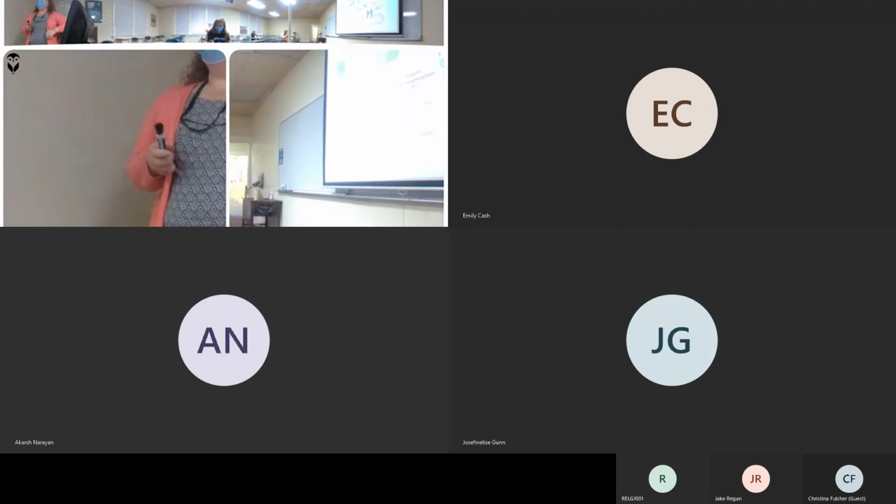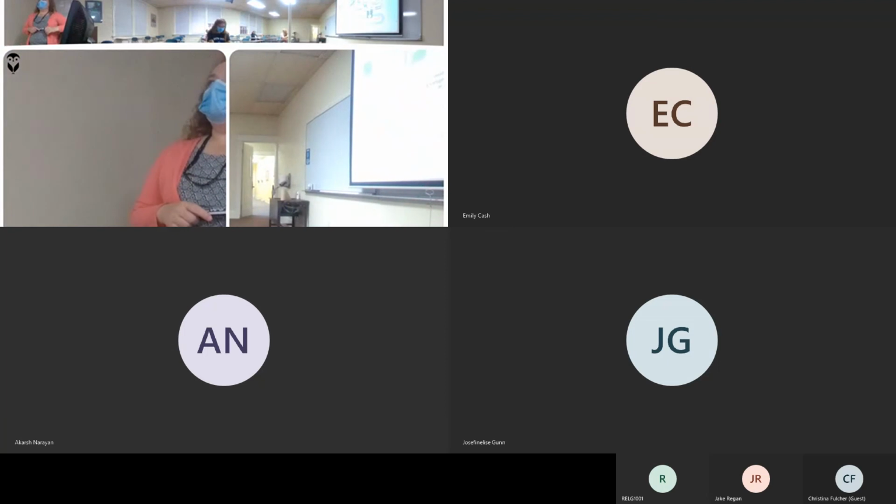Okay, now we have a new style, a second style of G protein signaling. And I know there's a lot to look at on this slide.